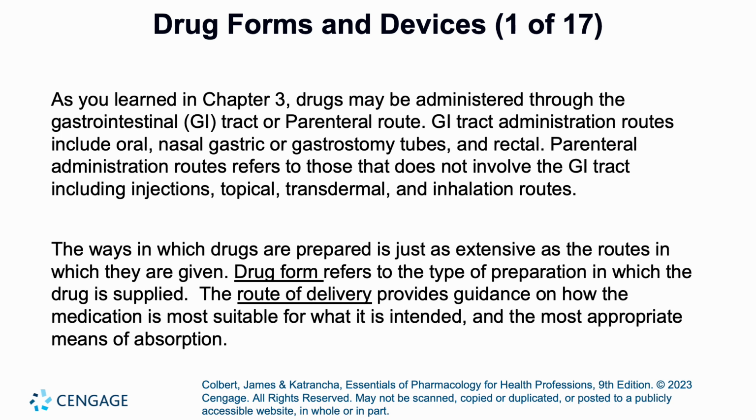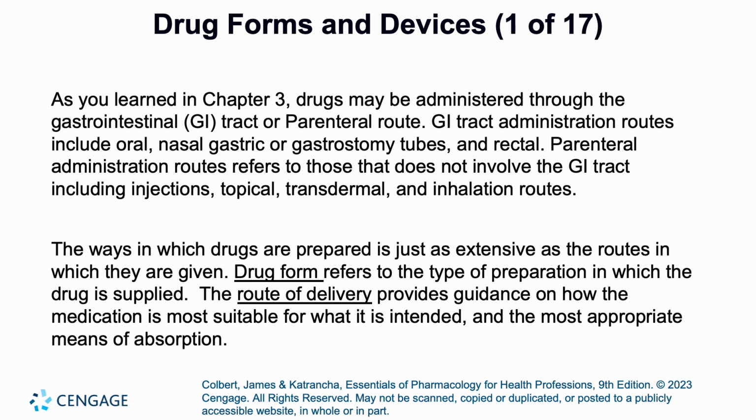As we learned in Chapter 3, drugs may be administered through the gastrointestinal, GI tract, or the parenteral route. So GI tract administration routes include oral, nasogastric, where they place a tube that goes from your nose down into your stomach, or gastrostomy tubes, which go directly through the abdominal wall into the stomach, and rectal.